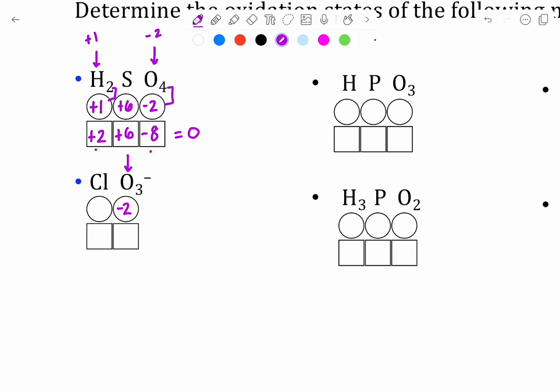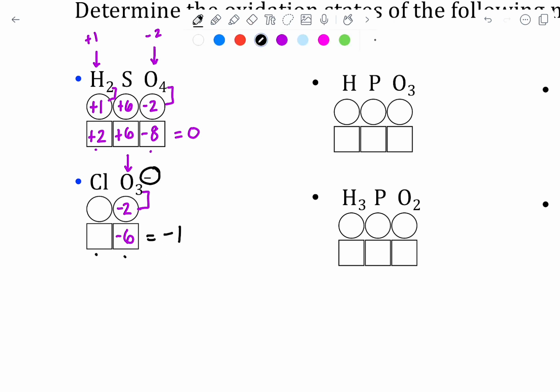So we have oxygen being -2. There's 3 of them, so that overall contribution is -6. Now, since this molecule has a charge of -1, the sum of the boxes has to equal -1. So what charge does the chlorine have to have in order to make this have a -1 charge? That should be -1, sorry.